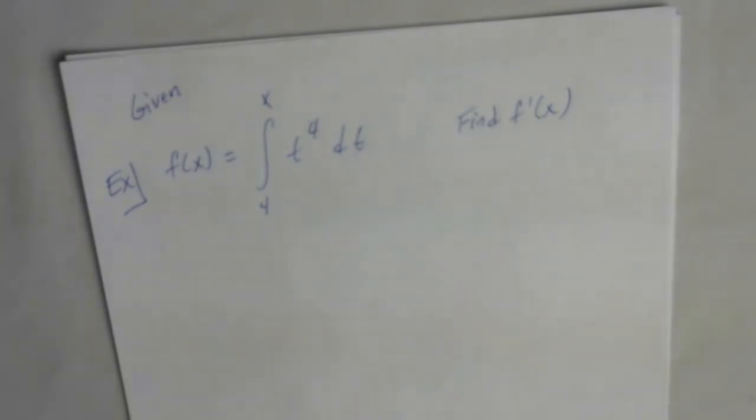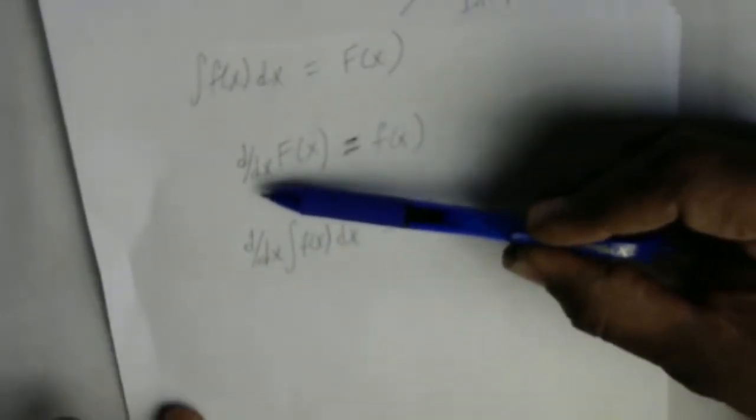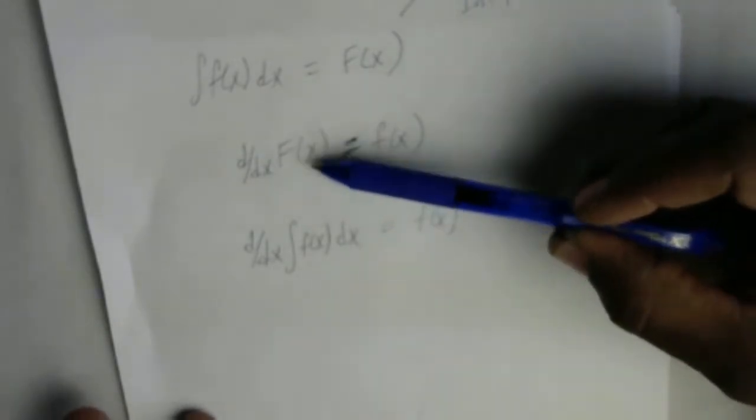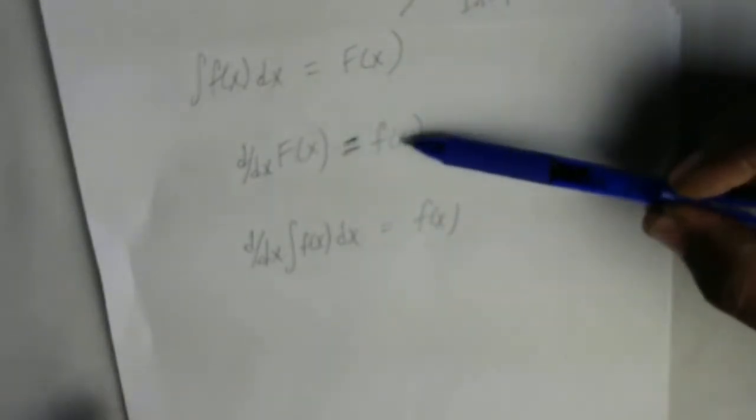All right, so remember those facts we talked about a little earlier. We talked about the chain rule, the outside-inside derivative. And we also talked about the fact that when you take the derivative of an integral, you get your function, and vice versa.